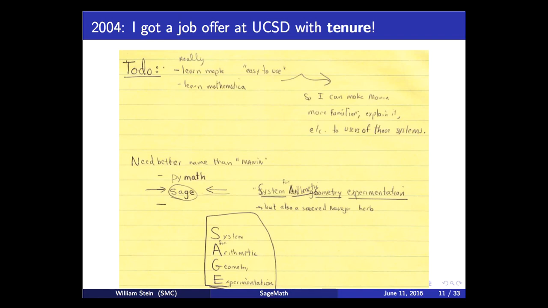And then that's kind of constraining if you think about it. You're not going to get a lot of calculus teachers using something called that, or algebra. So first it was that, then it became System for Algebra and Geometry Experimentation, and then it just became SAGE. But then the word SAGE is maybe a little too generic, so now it's SageMath. So that's the official name of the software.